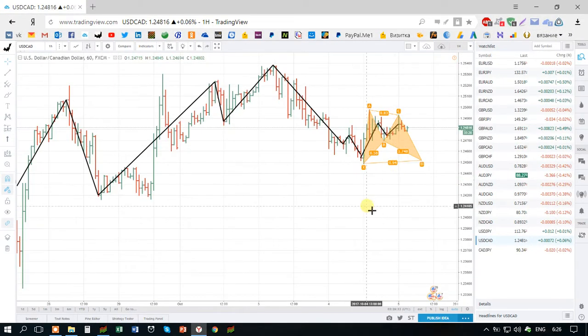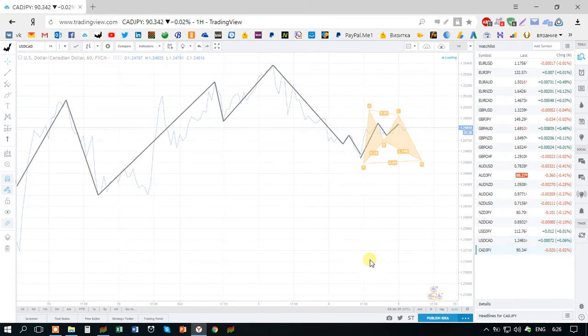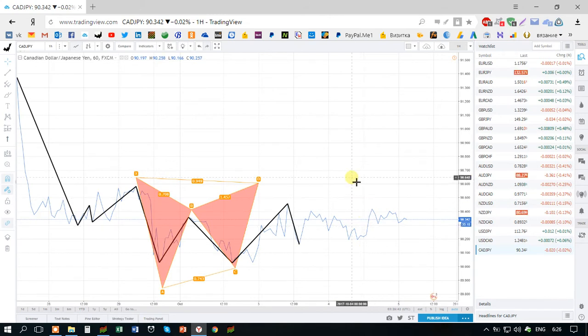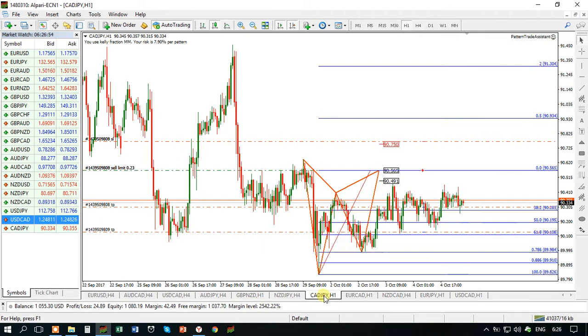Okay, dollar Canadian. This is the trade from dollar Canadian. Going next. Lines, Canadian yen. Okay, the pattern is still valid and the trade is still on. Canadian yen. Here is the pattern. I am waiting for it to go high and trigger my entries.